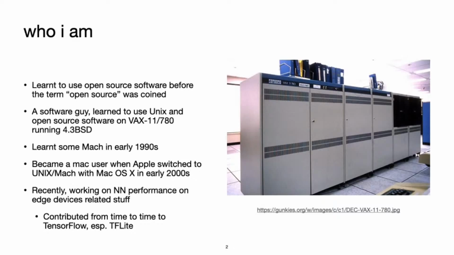And recently, I worked on network performance related topics on edge devices. So I contributed from time to time to TensorFlow, especially the TensorFlow Lite part. I have another talk on the MLPerf mobile app, which is a performance benchmark application, this year.